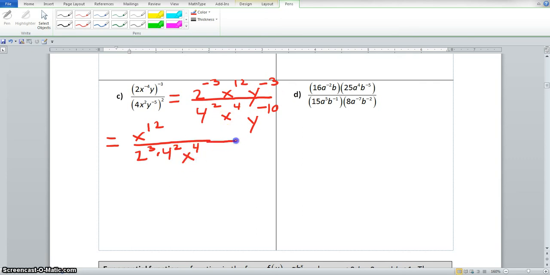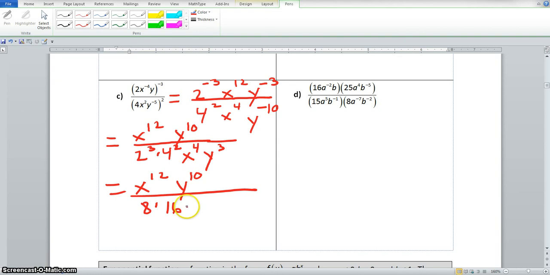And then we will have our y to the 3rd. And this y to the negative 10 will go up into your numerator. So we have x to the 12th, y to the 10th, all over 2 to the 3rd is 8, 4 to the 2nd is 16, and then we will have x to the 4th, y to the 3rd.